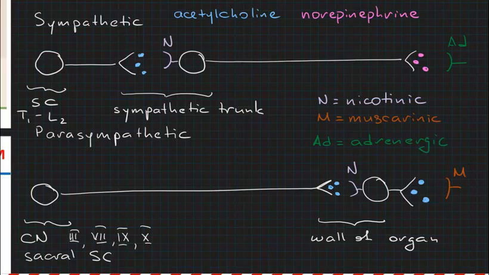Okay? So here's my question. If I want to stimulate exclusively parasympathetic activity, the agonist of which receptor should I use? Which receptor should I stimulate very specifically?